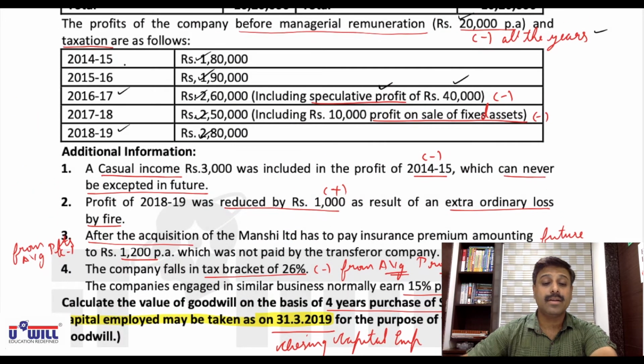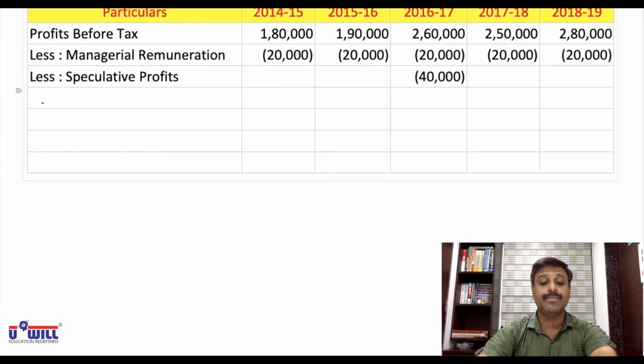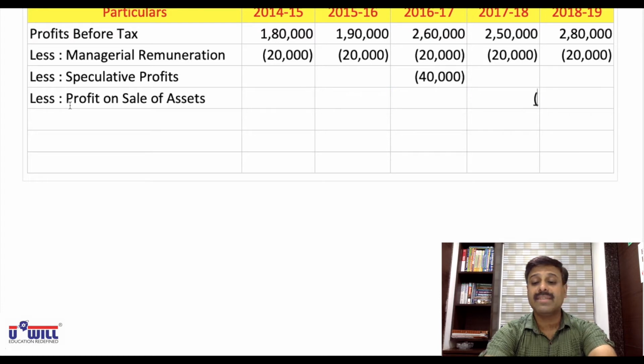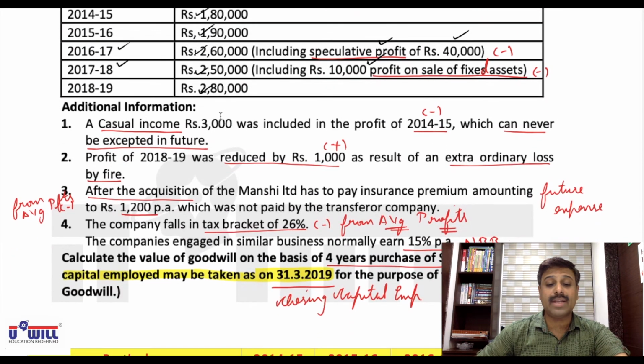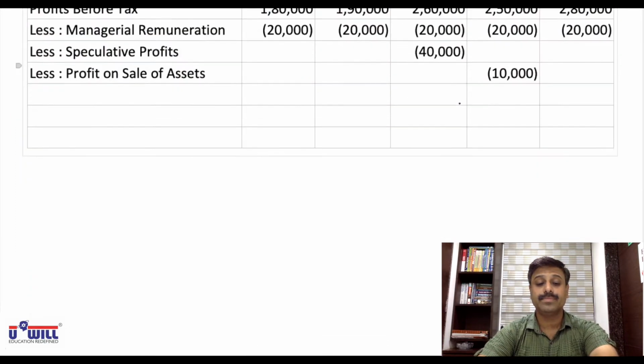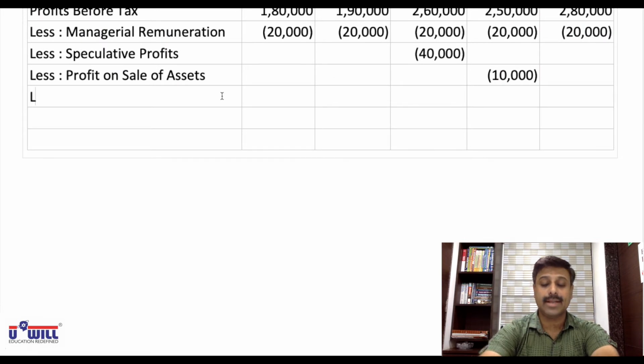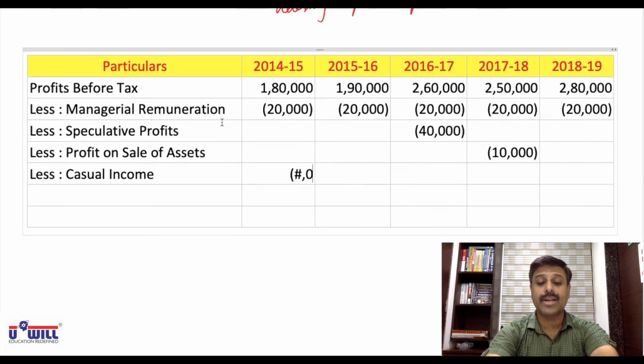Then 10,000 of profit on sale of assets we have to minus from 17 to 18's profits. Then casual income of 3,000 we have to minus from 14 to 15's profits.